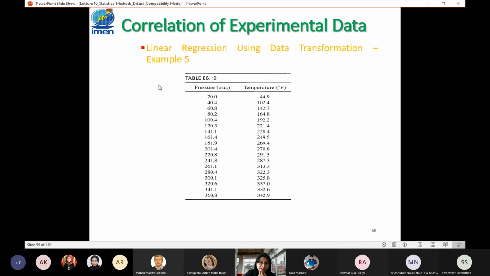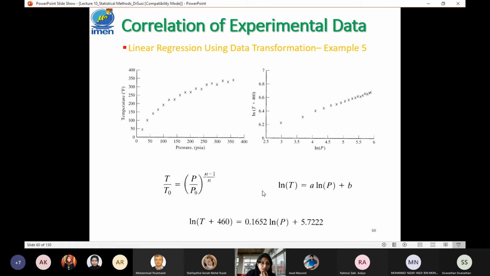Okay. So this is example number 5. You have pressure versus temperature, and you can see when we plot temperature versus pressure, this is not a linear curve, right? So T over T naught equals P over P naught to the power of (n minus 1) divided by n. But when you do a natural log of both the x and the y axis, you get a nice, beautiful linear plot.